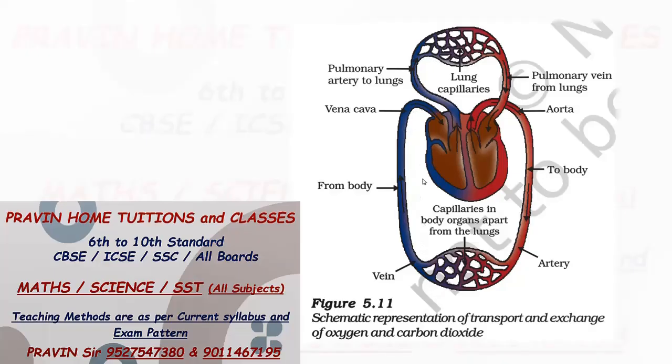So this side is the deoxygenated blood side and this side is the oxygenated blood side. This is the left side of the body and this is the right side of the body.